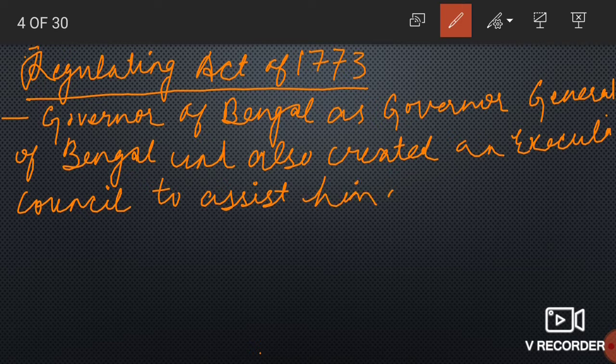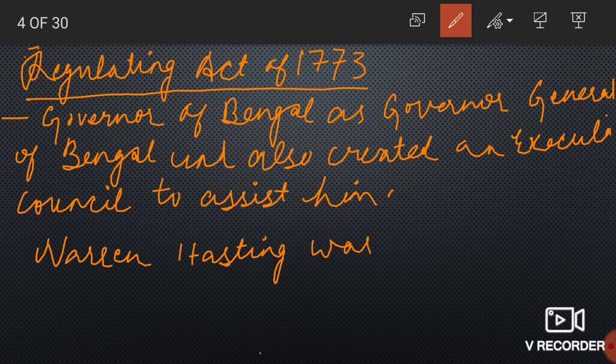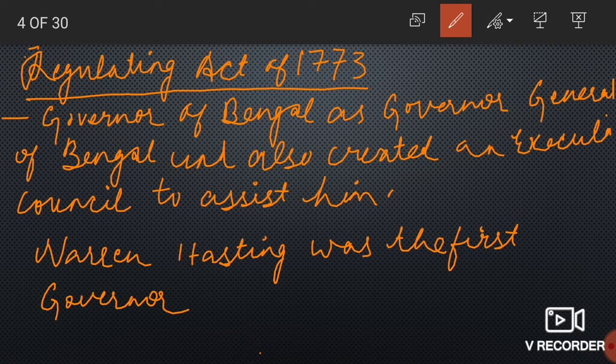Warren Hastings was the first Governor General that was made.